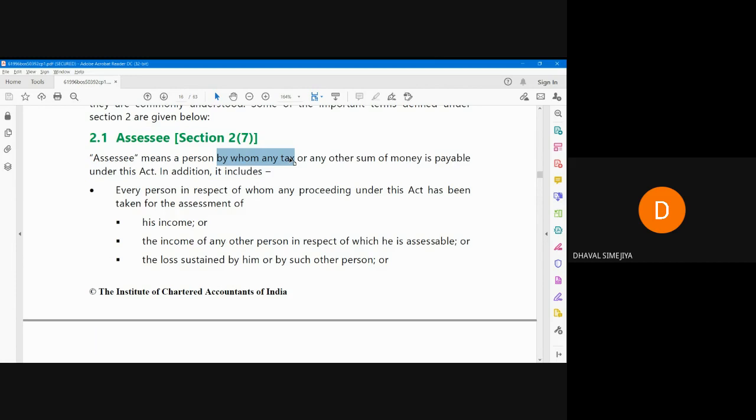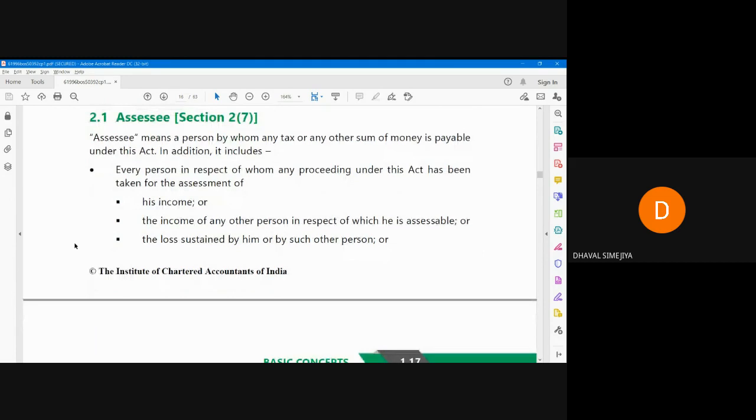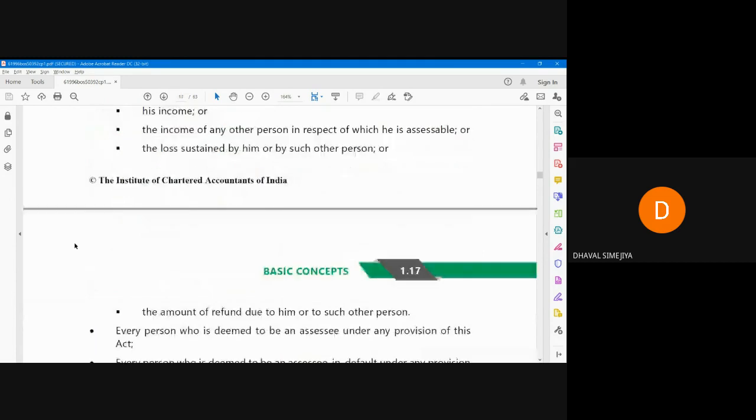In addition, it includes every person in respect of whom any proceedings under this act have been taken for the assessment of his income or the income of any other person in respect of which he is assessable, or the loss sustained by him or by such other person, or the amount of refund due to him or to such other person.